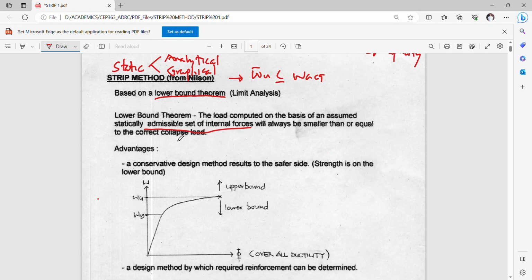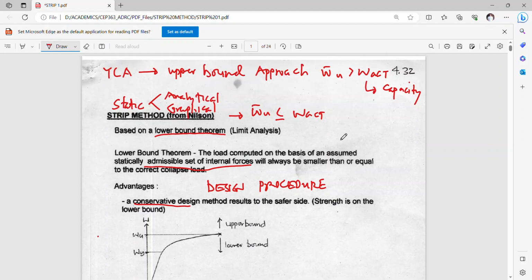And the advantage of such, aside from being conservative, is that we are dealing here with a design procedure. Okay? In the yield line analysis, the procedure is investigative, a more investigative, trial and error procedure.